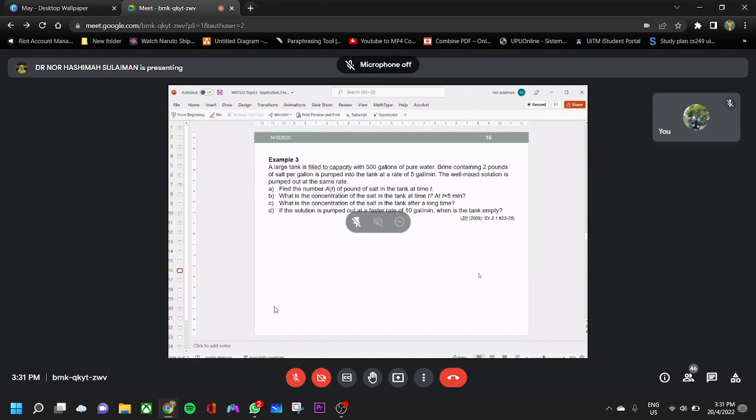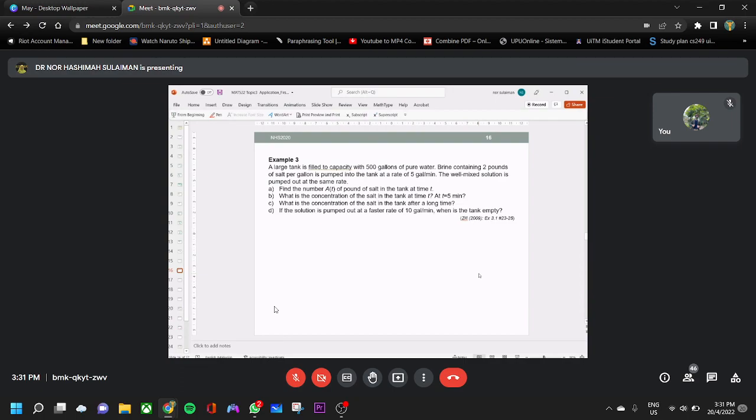Okay. So we are going to discuss this example 3, and this one is actually from the textbook. A large tank is filled to capacity with 500 gallons of pure water. The unit that we are using here is gallon. Actually kita tak guna unit gallon ni kat Malaysia, tapi kalau you go to United States, biasanya dia menggunakan gallon.